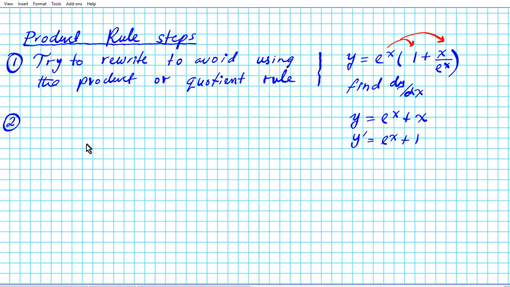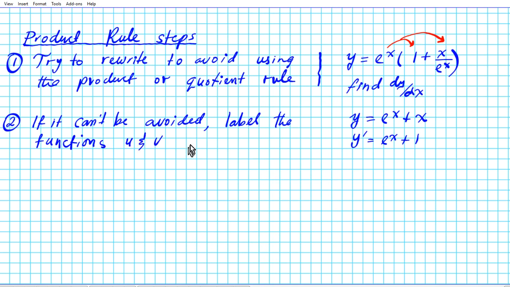So in that case, you label the functions. You label them u and v. The order is important.